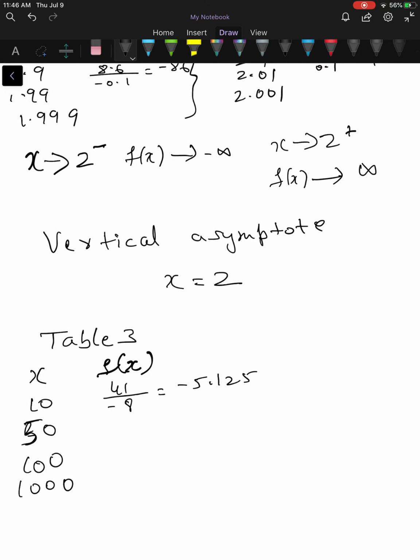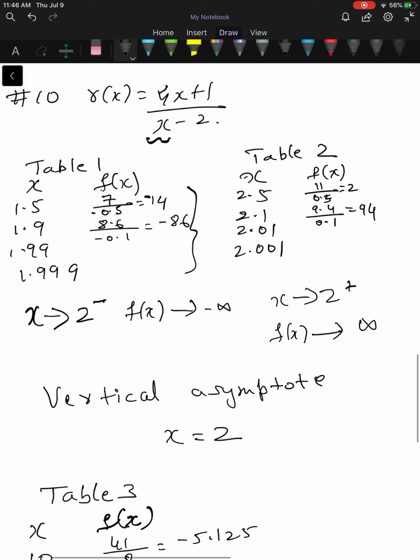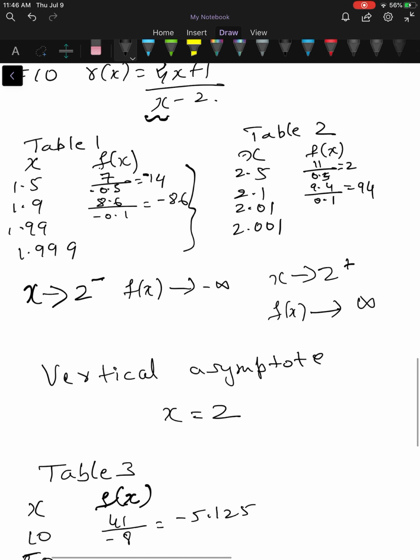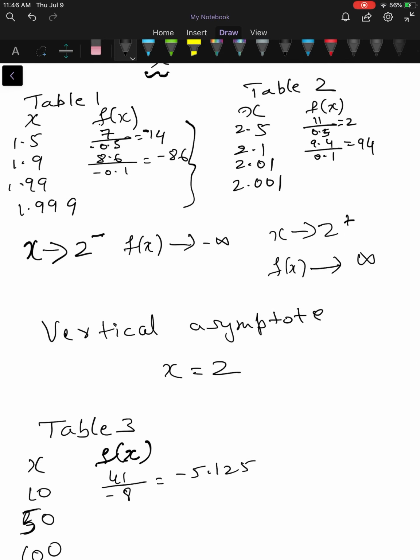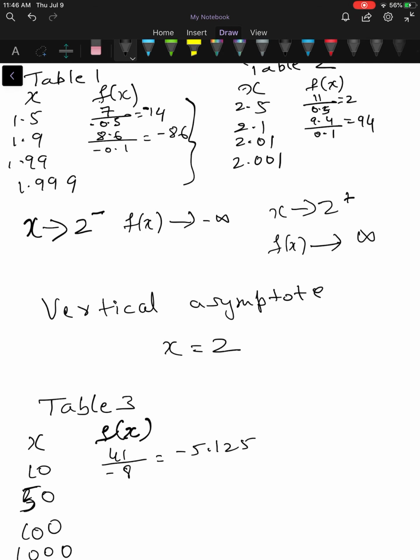Okay, so then when the value of x is 50, so 50 times 4 is 200. 200 plus 1 is 201. 201 divided by 50 minus 2 would give us 48.